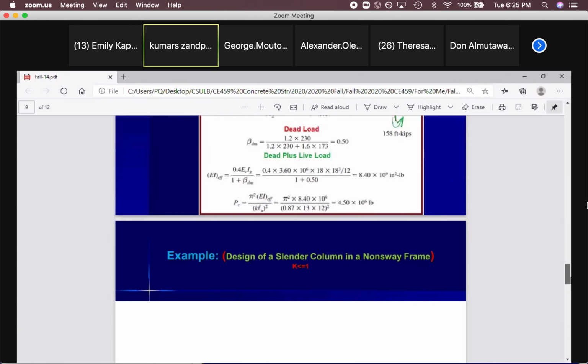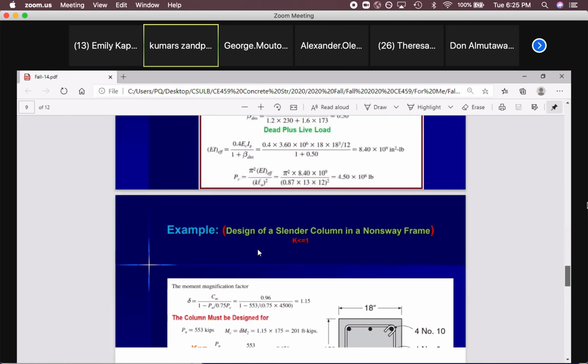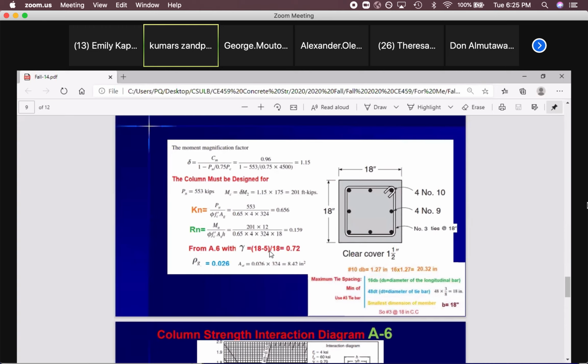So gamma is 18 minus 2 times 2.5, means 5 inch, divided by 18, 0.72. As you can see, this 0.72, you have to go between 0.70 and 0.80, and then calculate this rho g. That's part of last week's knowledge, so I didn't repeat that here.